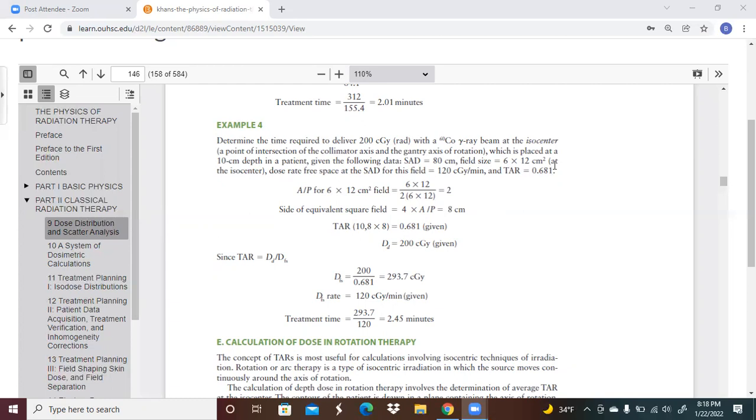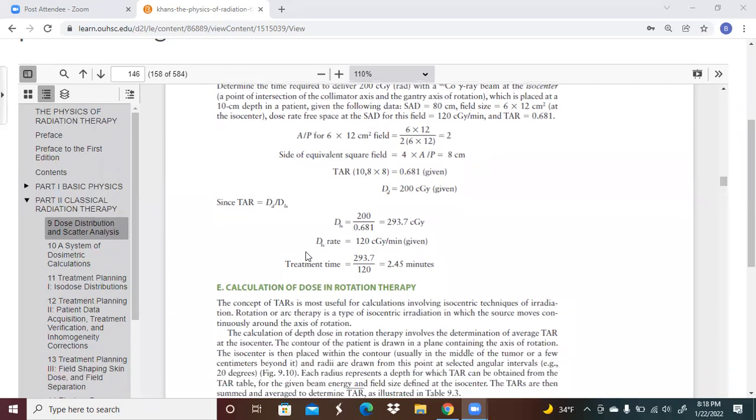We know that because of the TAR, given the depth that we want to go, and now we know what the equivalent field size is. What we want to deliver here is 200 centigray. The TAR is going to be the dose that we want to deliver divided by the dose in free space. So we take 200, which is what we want to deliver, and we know the TAR because it's given to us.